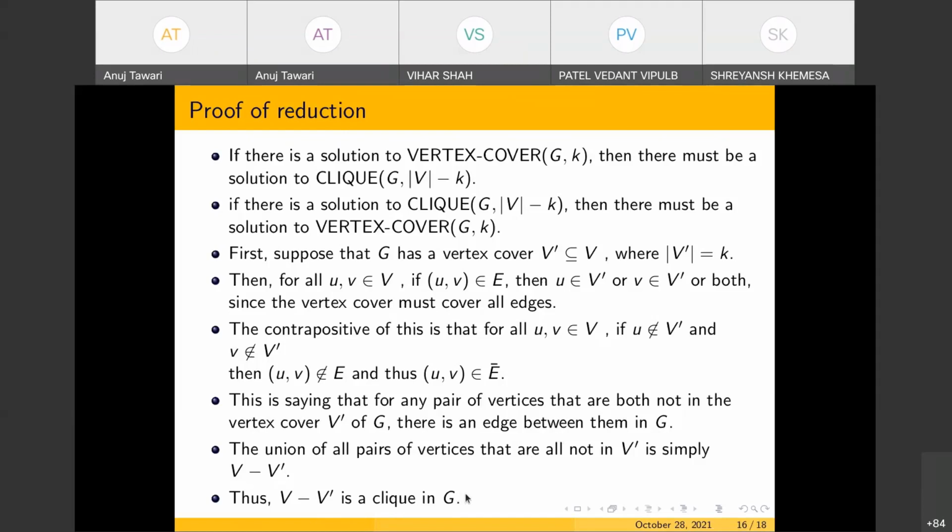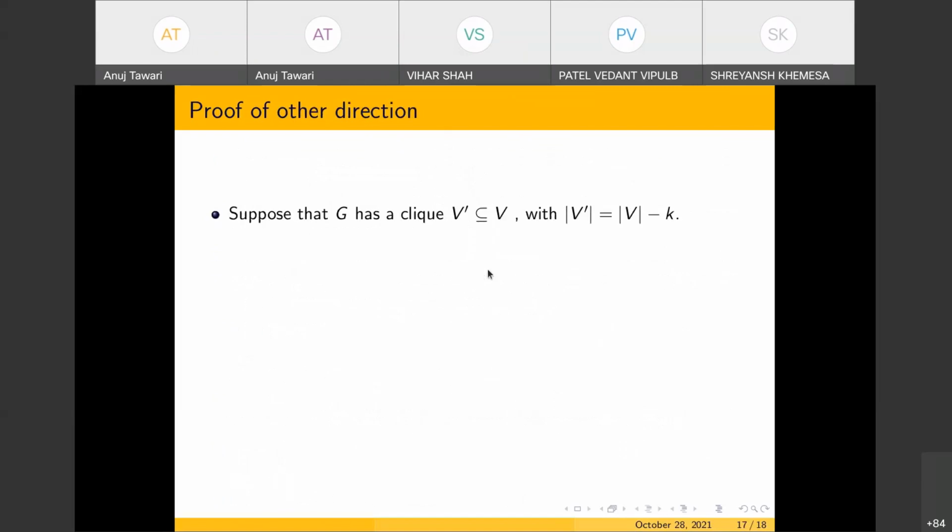Thus, V minus V prime will be a clique in G prime. So this was one direction, where you transform the solution to the vertex cover problem to get a solution to the clique problem. Now we want to prove the other direction.